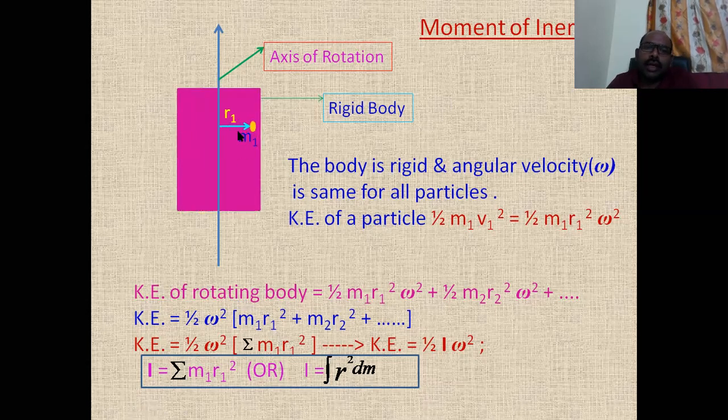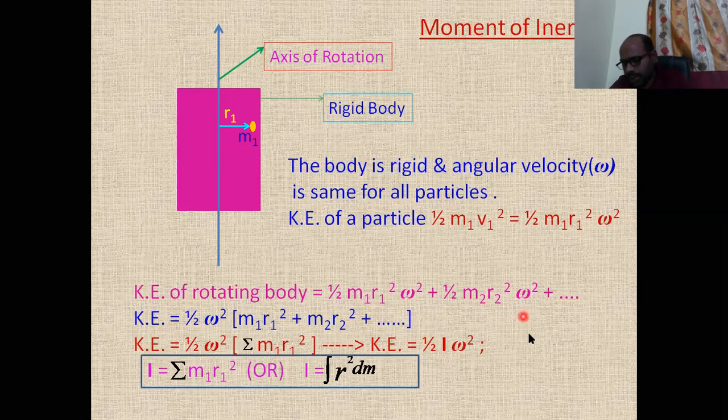We can take any irregular object also, but I have taken this to get a feeling of how it rotates. If we take one rectangular object, it is rotating about the axis of rotation. So it is the axis of rotation about which this object is rotating.